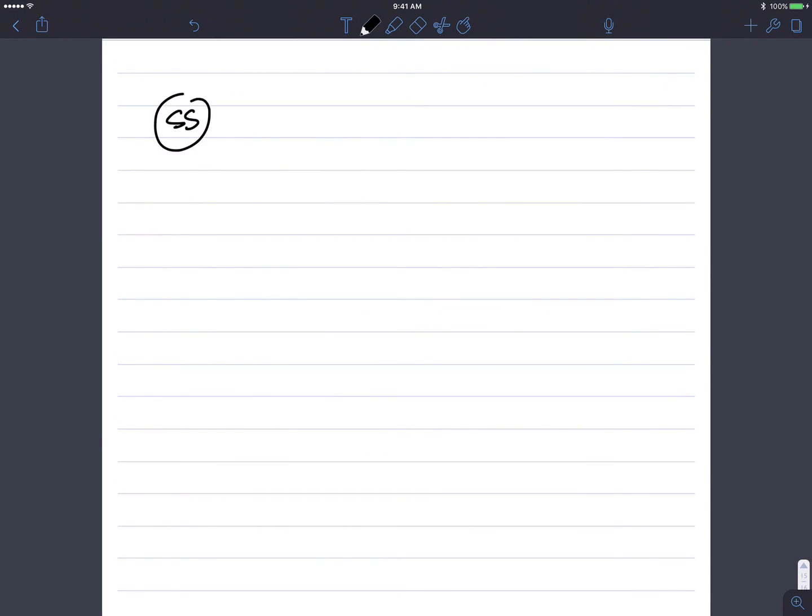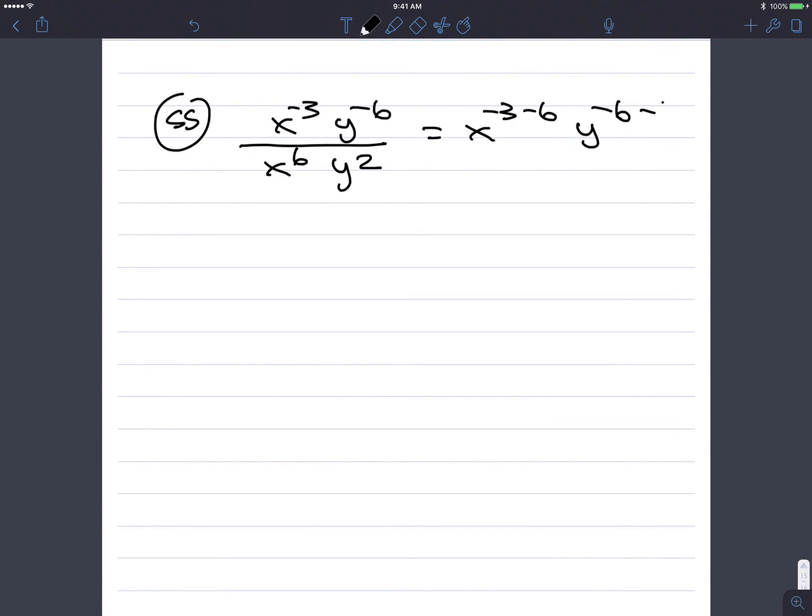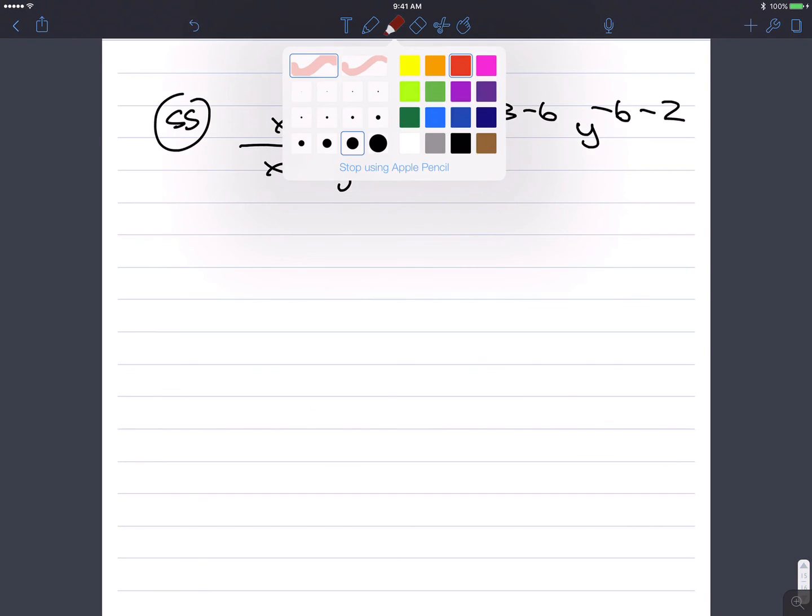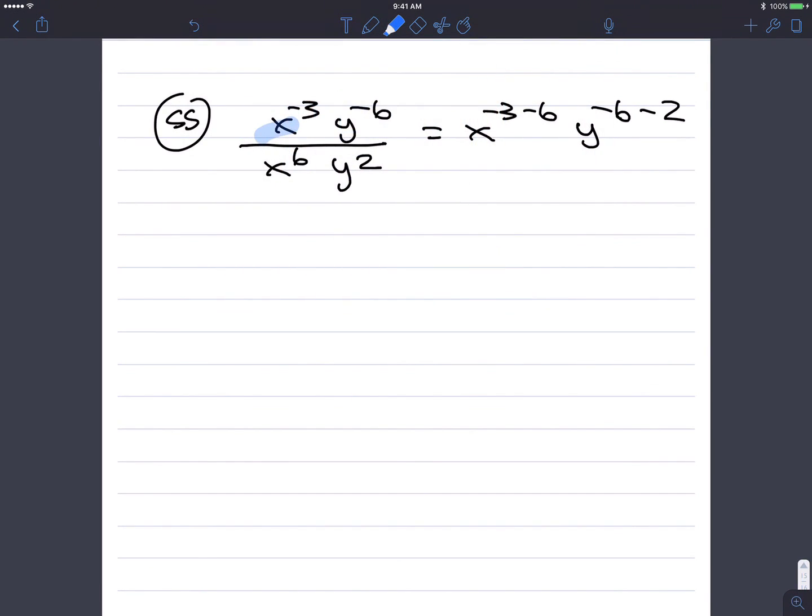(55) x to the -3rd power, y to the minus 6 over x to the 6 y squared. Keep the base, negative 3 minus 6, y to the negative 6 minus 2. Same base, keep the base. Let's look at the powers.